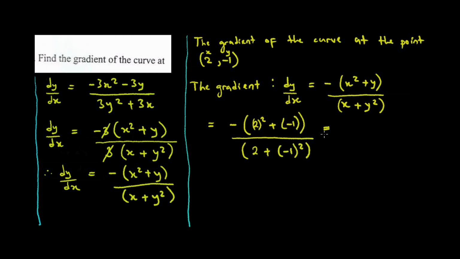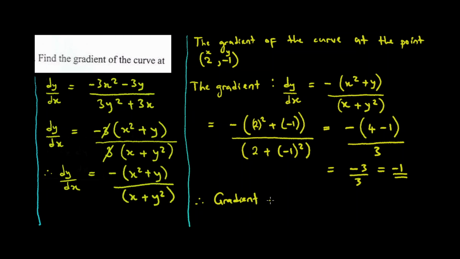So this is equal to minus 2 squared is 4, plus, when you meet minus it becomes -1, like this, over 2 plus -1 squared is 1, so 2 plus 1 is 3. So this eventually is minus 3 over 3, which is equal to -1. Therefore, gradient is equal to -1.